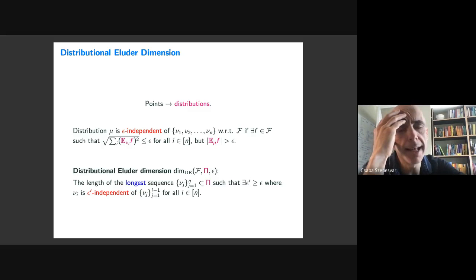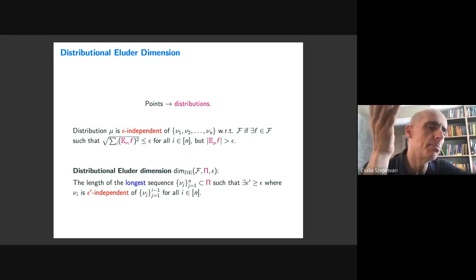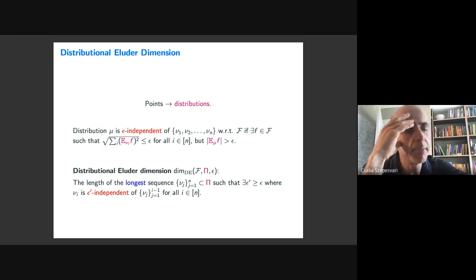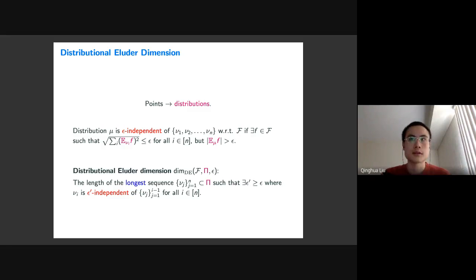And if you're building on Eluder dimension, then this property is going to be inherited. Yeah, that's a valid question of whether there is any refinement of these, which would give the same type of guarantees and would be smaller, uniformly dominating this. Yeah, I agree. This Eluder dimension is the worst-case guarantee. Yeah.